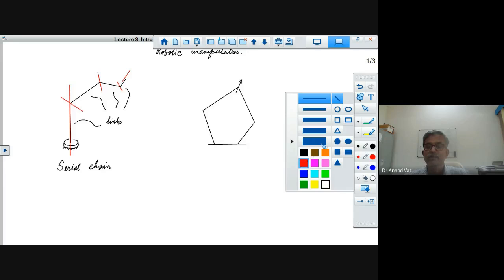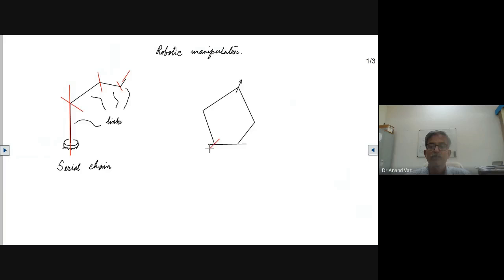So here you may have joints here. You may have a joint.